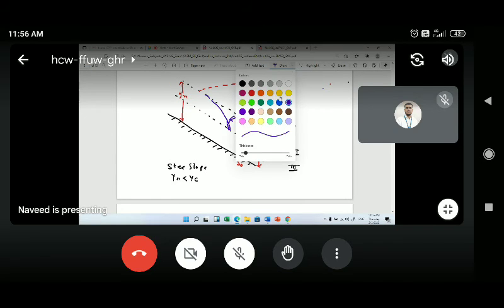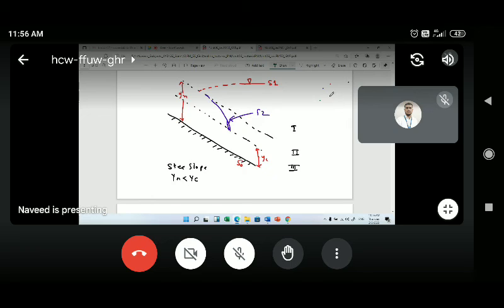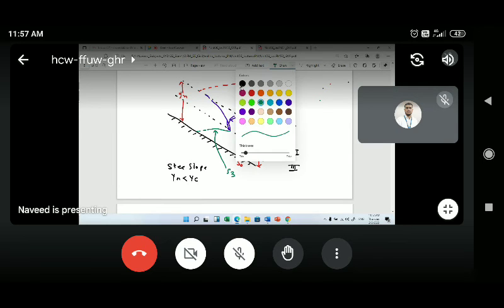Then S3 curve for the steep slope will be like this. This is the S3 curve. Okay, and the condition is similar to the mild.